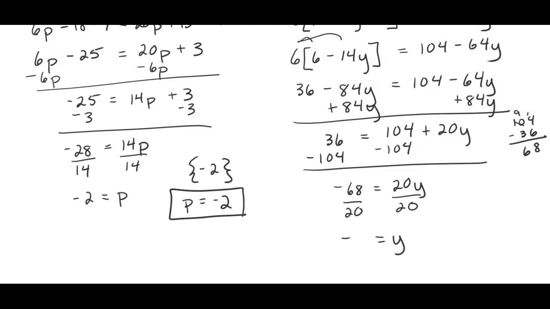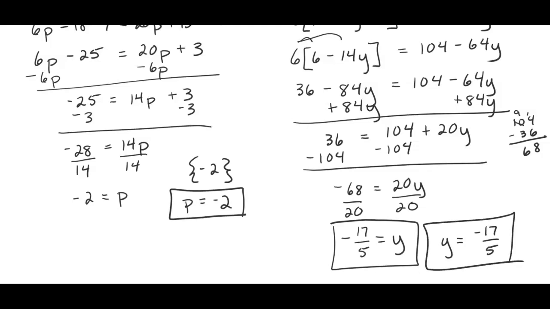So 4 goes into 68, 17 times. So I get negative 17 fifths. And I would just leave it that way. Or I could write y equals negative 17 fifths. I kind of like it that way. All right. So it didn't work out to be an integer, but that's okay. Not everything does. Fractions are okay.